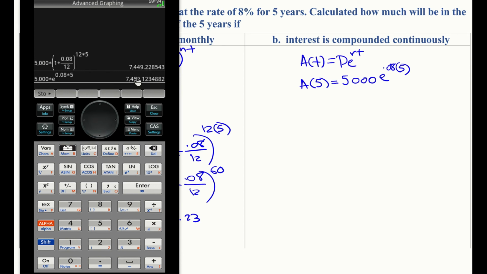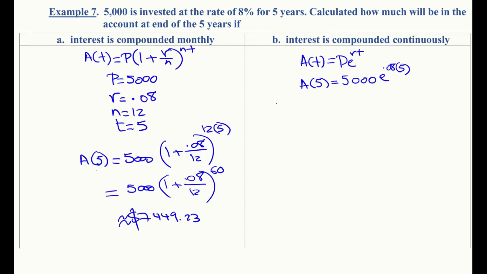But yeah, so definitely when there's a choice, you'll go with the continuous compounding. $10 is $10, right? So 7459.12. All right, so that's how much we would have in the account if interest were compounded continuously.